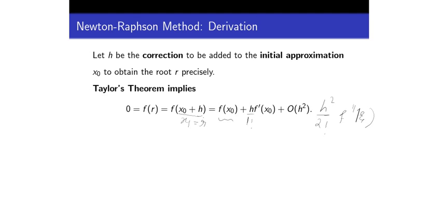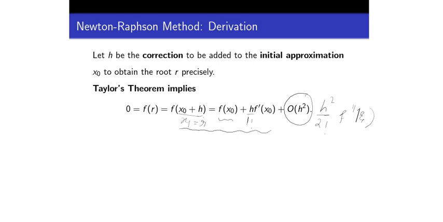So what the Newton-Raphson method does is neglect this term, assuming this is a good approximation, meaning f of x0 plus h is approximately f of r. x0 plus h is the approximation of r, meaning h is the correction.